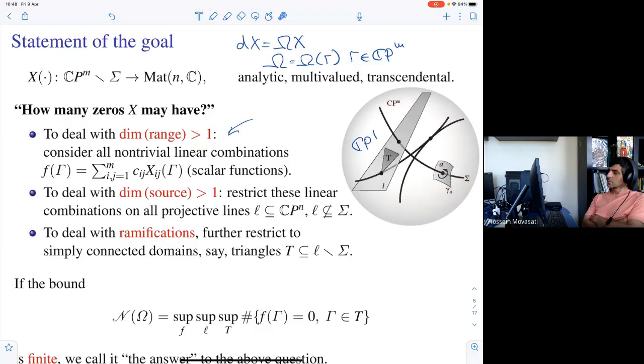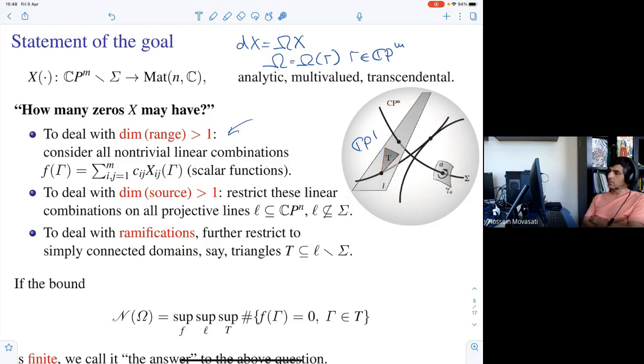The singular locus is high dimensional, and of course, it can entirely contain some projective lines. What I do is I simply ignore them. I consider only lines that cross the singular locus by isolated points. And then, because I know the degree of this locus, I know the maximum number of singularities. And to deal with the ramifications inside each projective line, I choose a triangle.